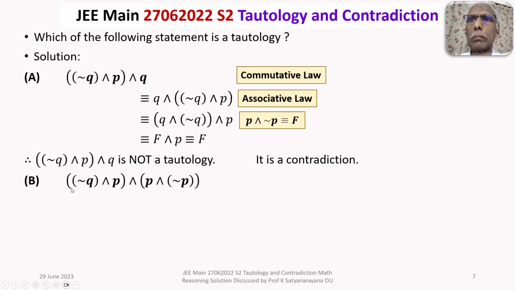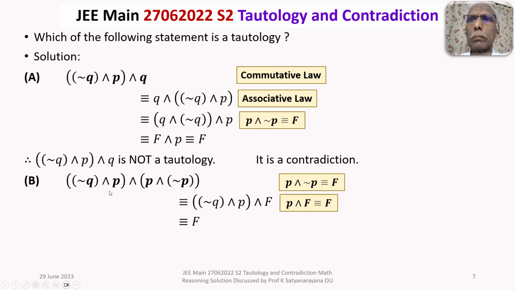Option B says, in brackets, negation of Q and P, and in brackets, P and negation of P. Look at this one, P and negation of P. This is a contradiction, so this will be always false for all truth values of P. So this is equivalent to in brackets negation of Q and P, and F. And now recall P and F is F always for all truth values of P. Therefore, it is F. That means for all truth values of P and Q, it will be false.